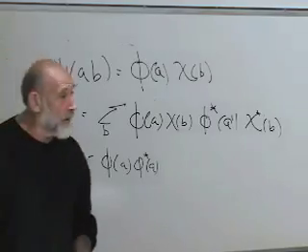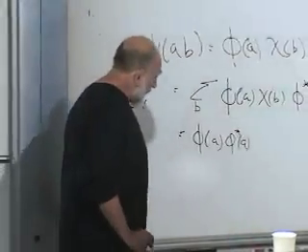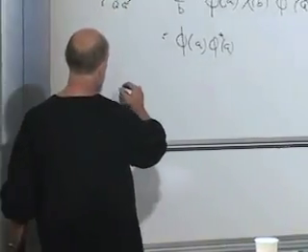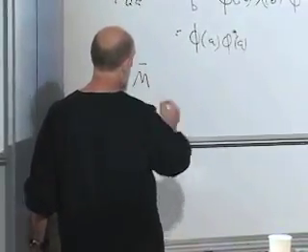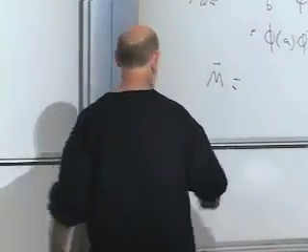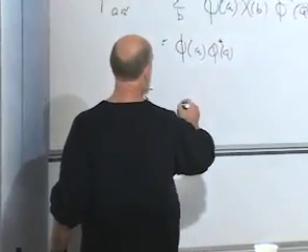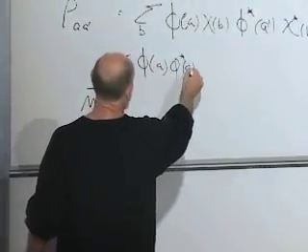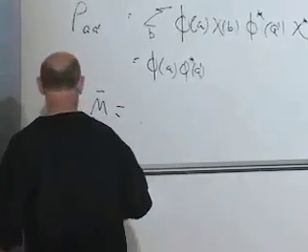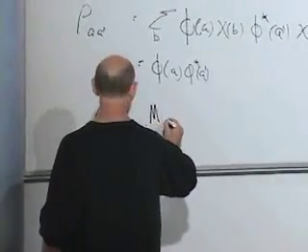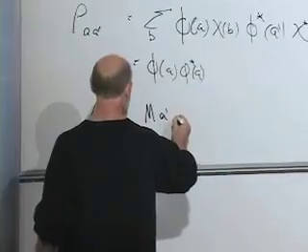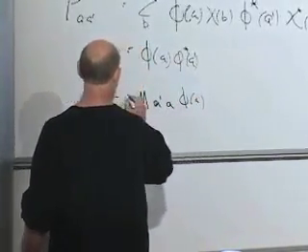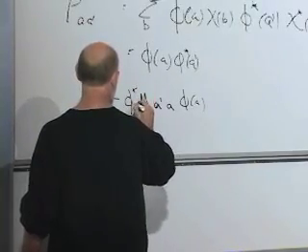Let's calculate now, in this case, the expectation value of M. It's just equal to M of A prime and A, phi of A, and let me put phi star of A prime over here.